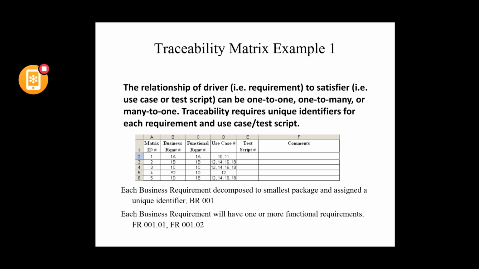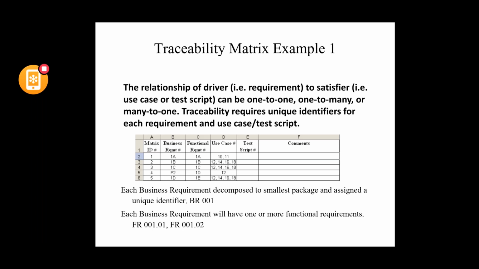Traceability requires a unique identifier for each requirement and use case or test script. So for each level of information, unique identifiers are needed. Each business requirement is decomposed into the smallest packages and assigned a unique identifier.